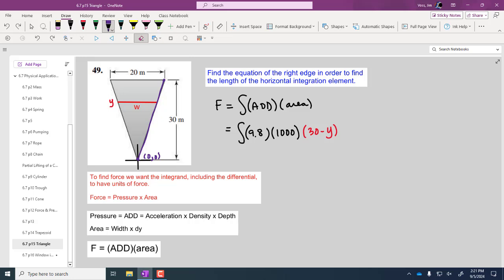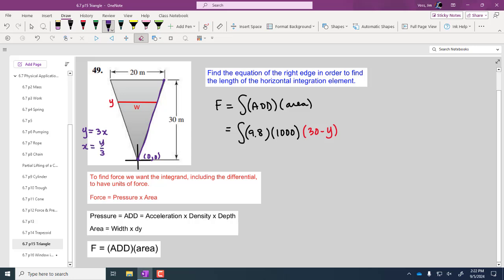The rise is 30, and the run is 10. So 30 over 10, the slope is 3. Solve for x: x will be y divided by 3.